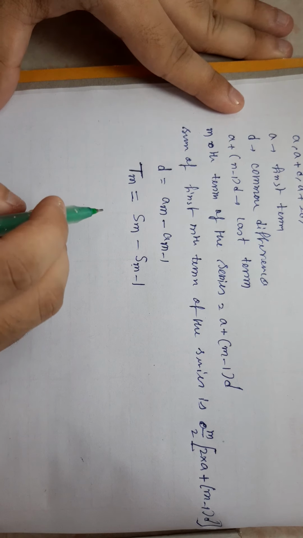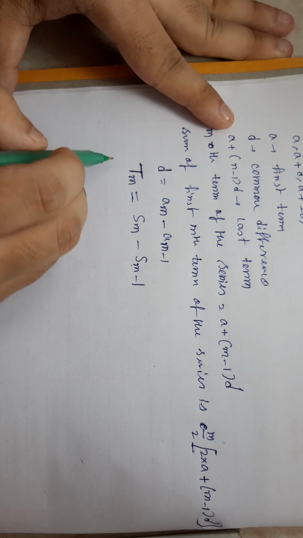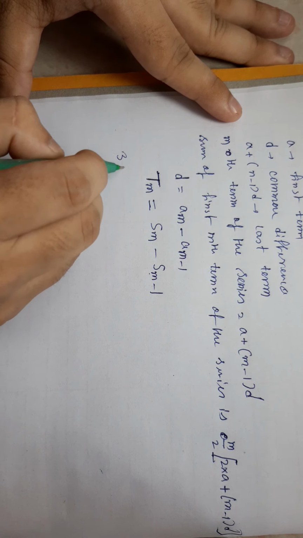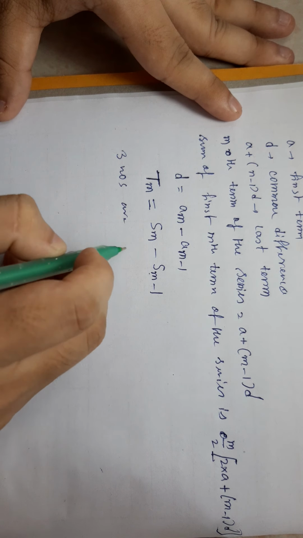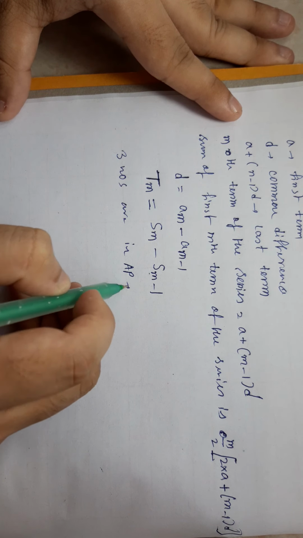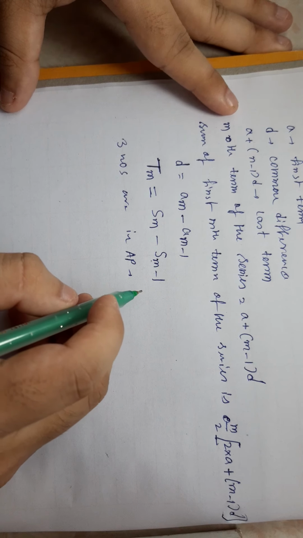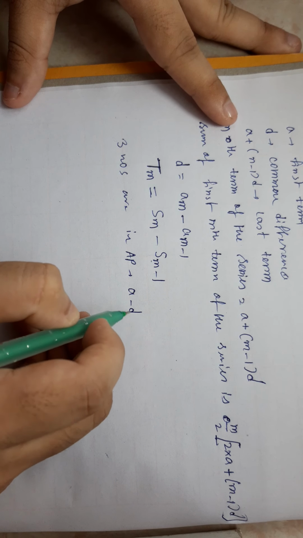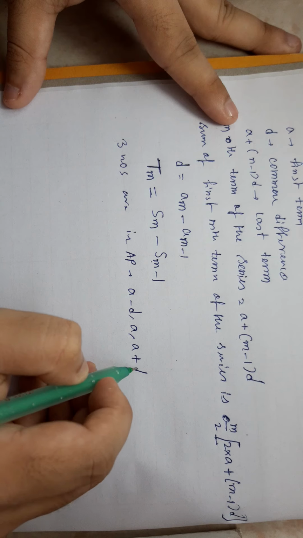Okay, if it is given that three numbers are in AP, then we can consider the three numbers as a minus d, a, a plus d.